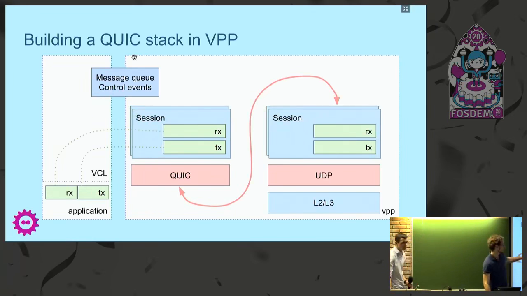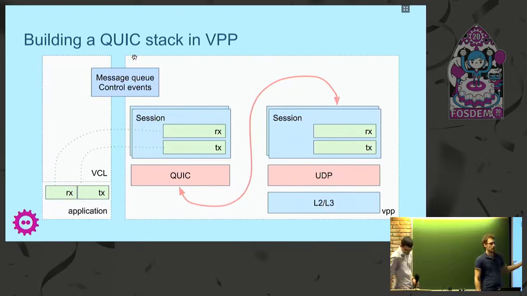So replicate that session layer and add a QUIC protocol on top of the UDP and session layer. So basically, we build a plugin inside of VPP that acts as an internal application and that consumes the session layer as would a normal UDP listener do.